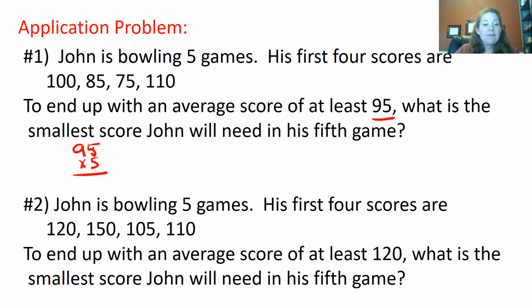So he wants a 95 average, and he's going to have 5 games, which means he has to earn a total of 475 points. Well, he's already earned some points. Well, how many total points has he earned? So now we're going to add up how many points he's already earned.